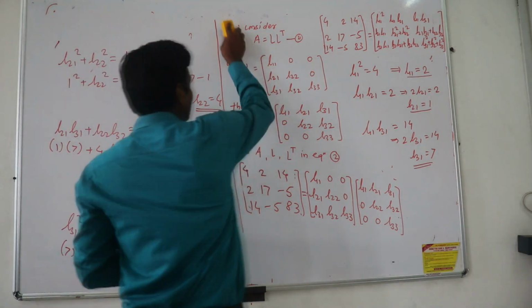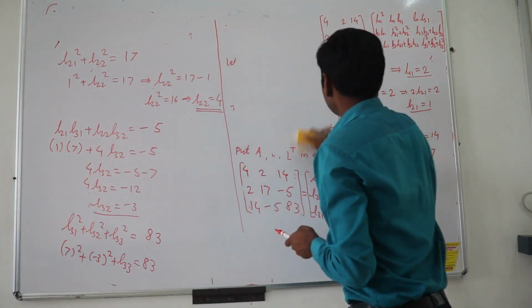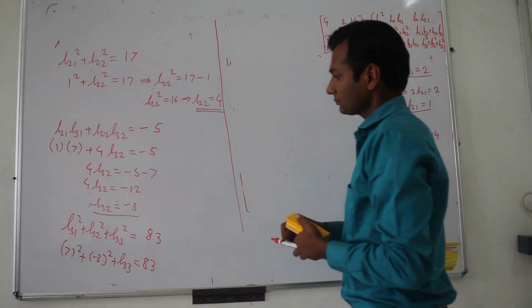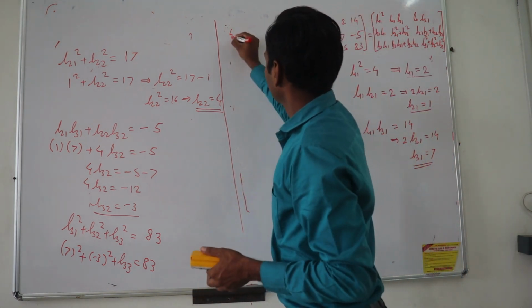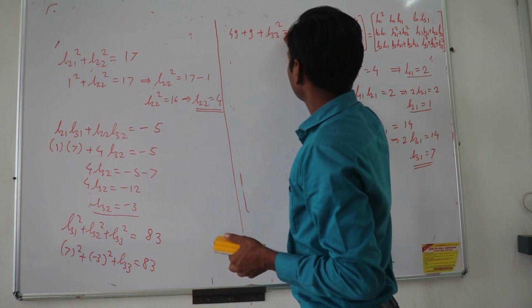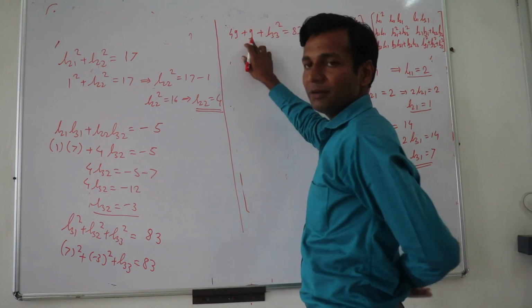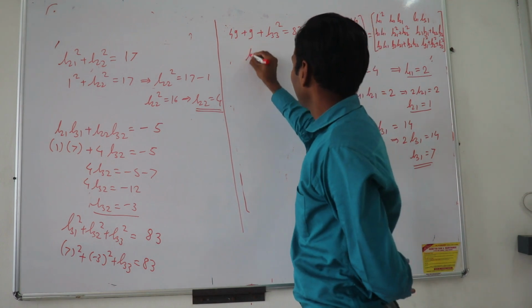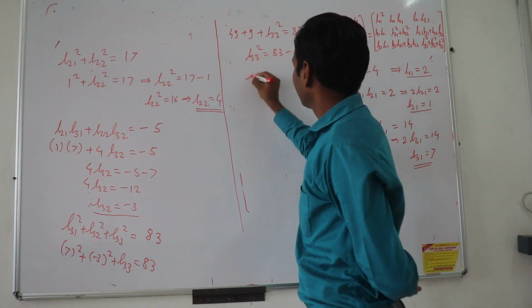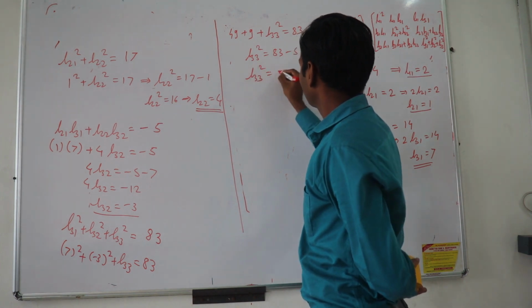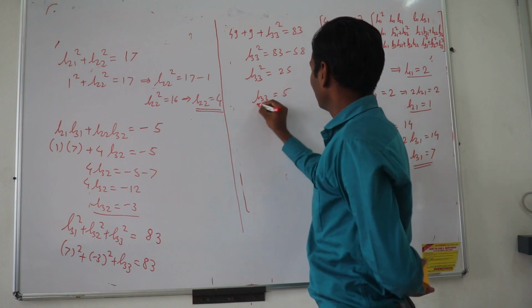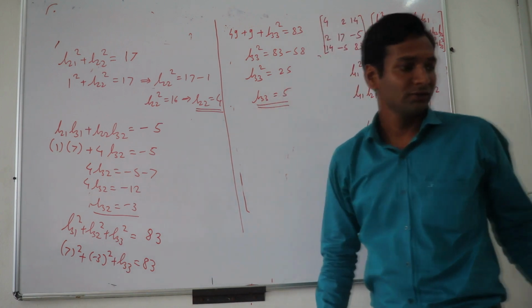Now you know that 7 square is 49, minus 3 square is 9, plus L33 square is equal to 83. So 49 plus 9 is 58, that is L33 square is 83 minus 58, that is L33 square is 25. So L33, the root of 25, is 5. So you get the last element, which is 5.